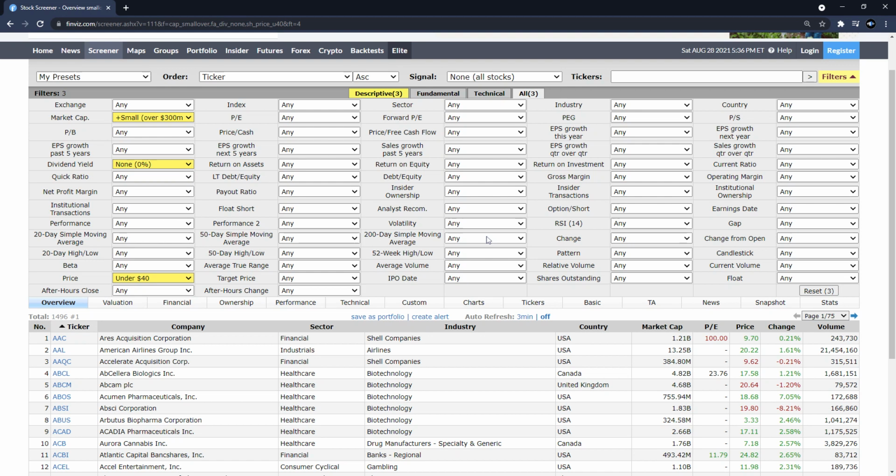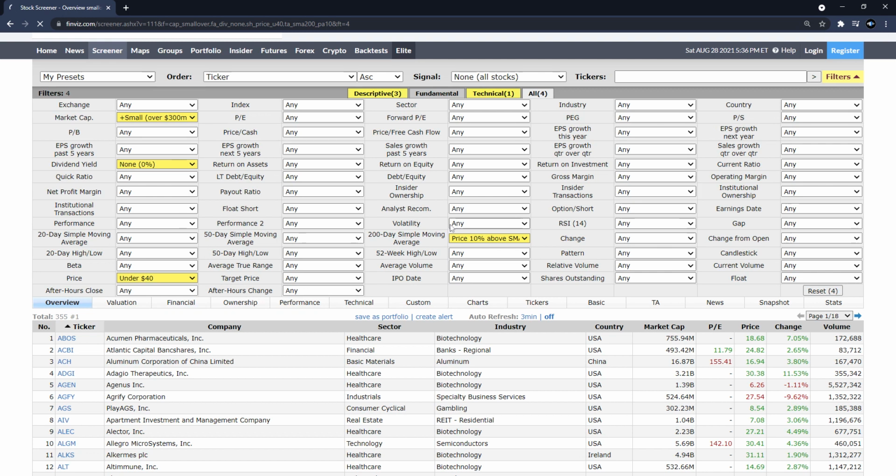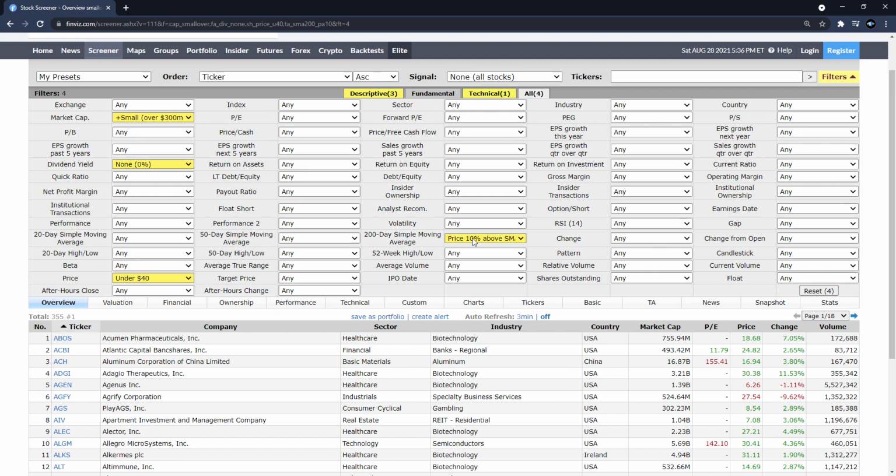This tells us that the 200 moving average is below the price, and that indicates the price is in a bullish manner. That's what we want here. You could also go with the 50 moving average, but we are only going to be using the 200-day simple moving average. That's it for the simple moving average.